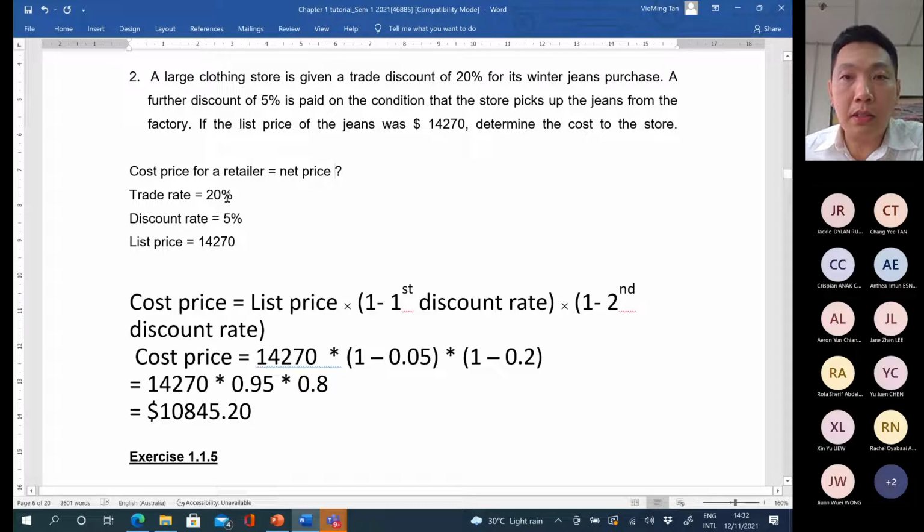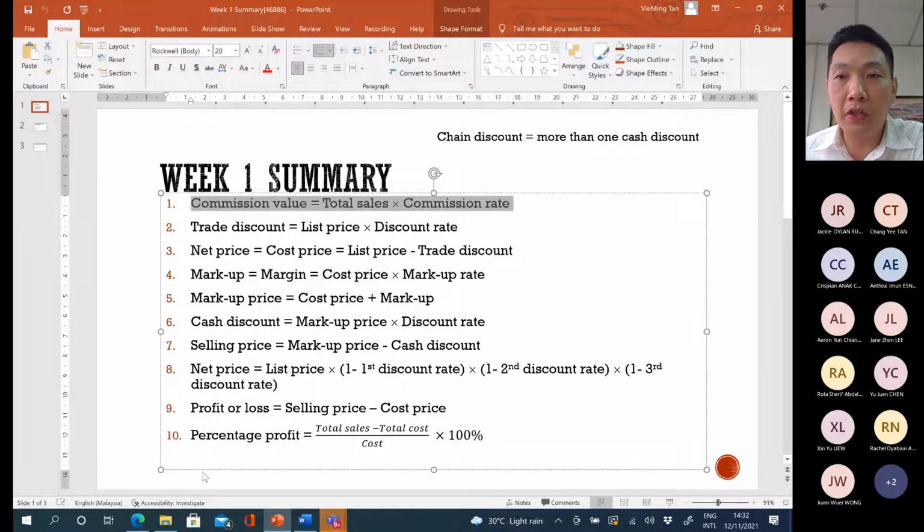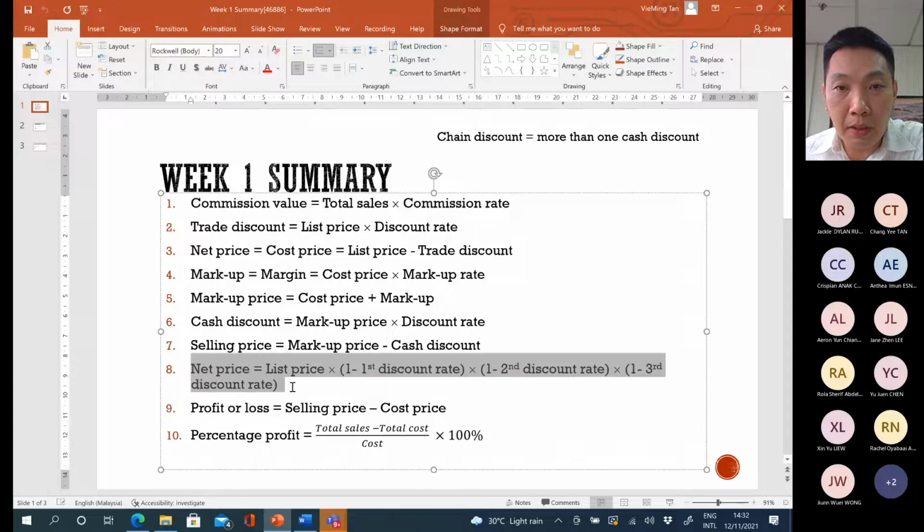So in order to answer this question, you have to choose the correct formula. These are the formulas that we have already studied, so you have to choose the appropriate one. We should choose formula number 8: net price. Net price means the cost price. List price is the price offered by the wholesaler to the retailer, and then 1 minus the first discount rate, multiplied by 1 minus the second discount rate.